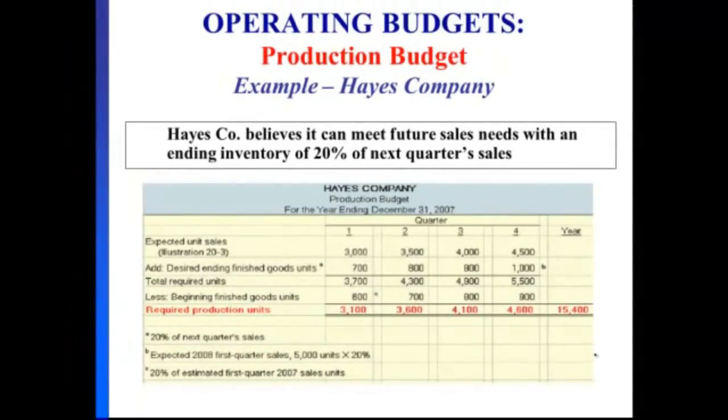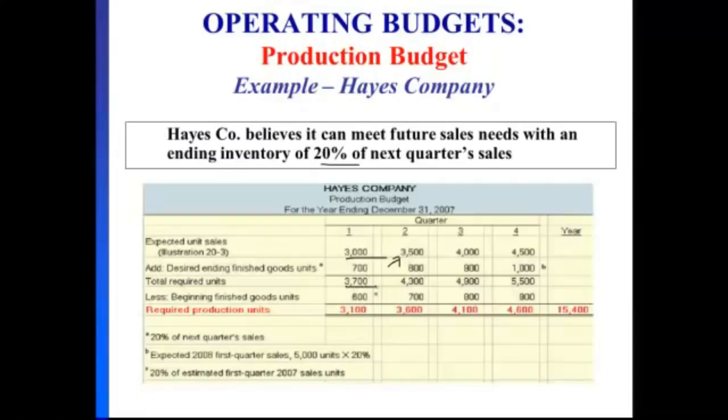Now, an example. Here we have Hayes Company. Management believes it can meet future sales with an ending inventory. They want ending inventory 20% of next quarter sales. So here's the sales. 3,000 first quarter, 3,500 second quarter. Now, I need to end up the first quarter with 20% of what I need for sales in the second quarter. So 20% of 3,500 is 700.